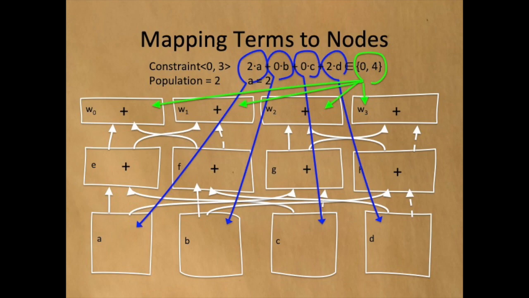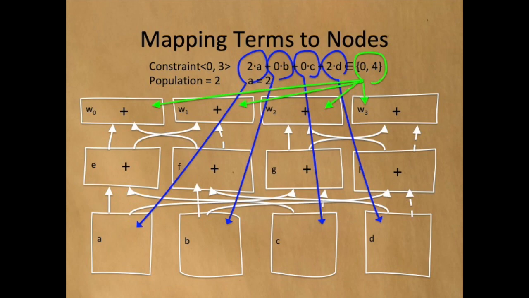In the middle level, nodes E and G express the partial sums of nodes A and C. Nodes F and H express the partial sums of nodes B and D. At the top level, nodes W0 and W1 express the partial sums of nodes E and F, and nodes W2 and W3 express the partial sums of nodes G and H.